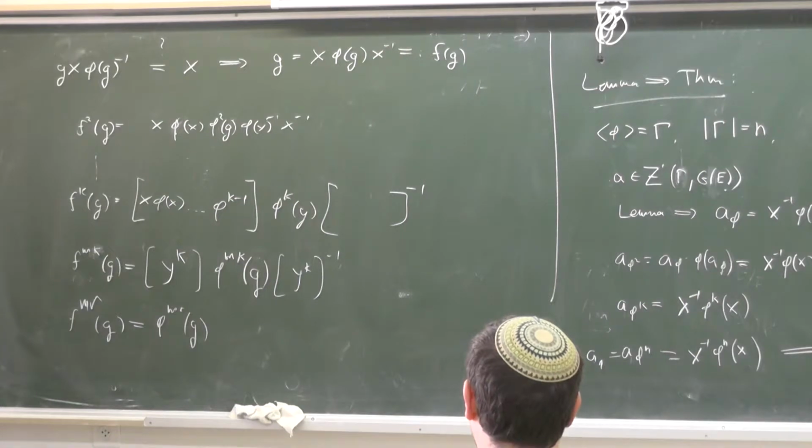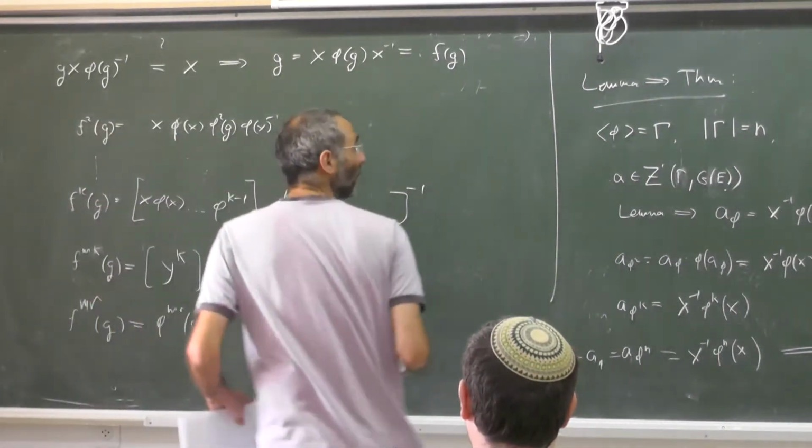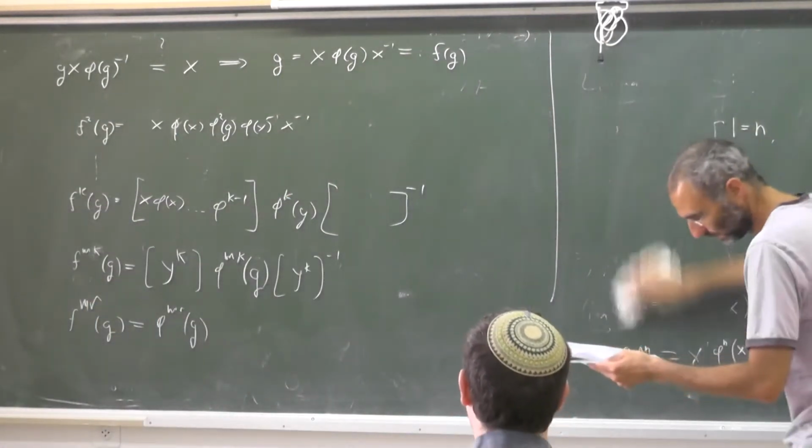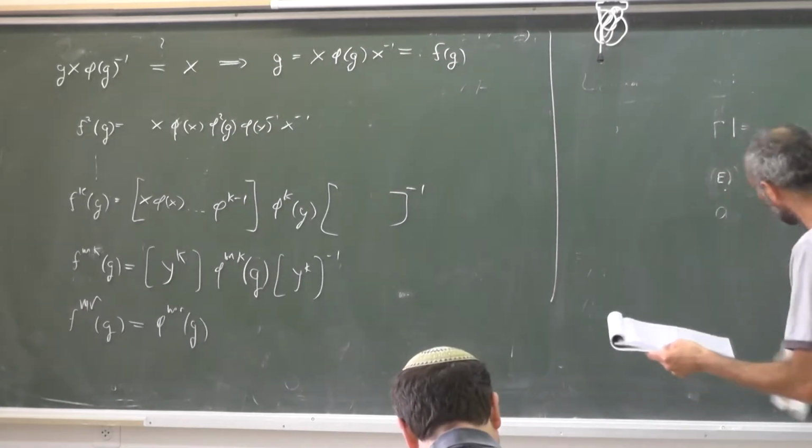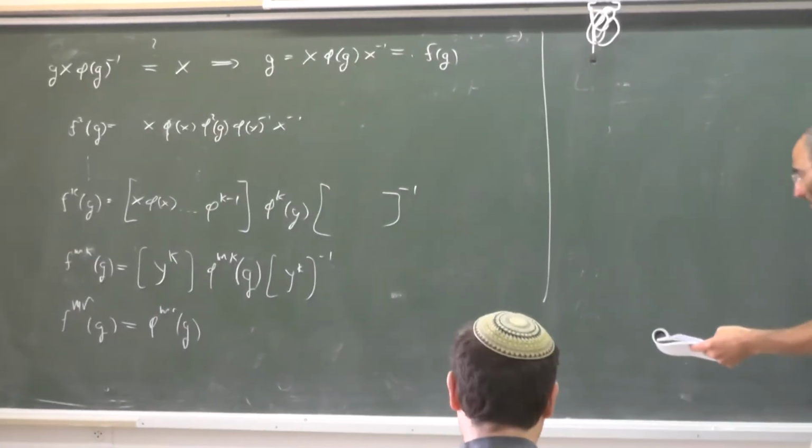So iterating, I'm getting my f is just phi, and now basically I'm done. Just write it down.